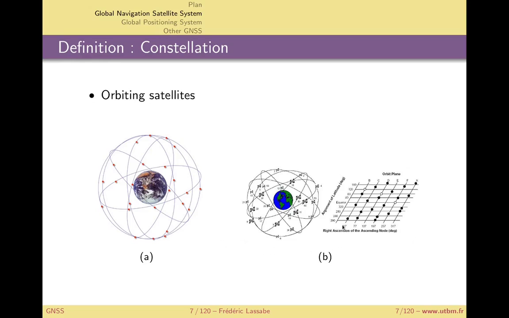So here we see the 6 orbital planes of the GPS and how the satellites are scattered on these orbits. So it's not regular, so that everywhere on Earth you always have at least 4 satellites in line of sight.